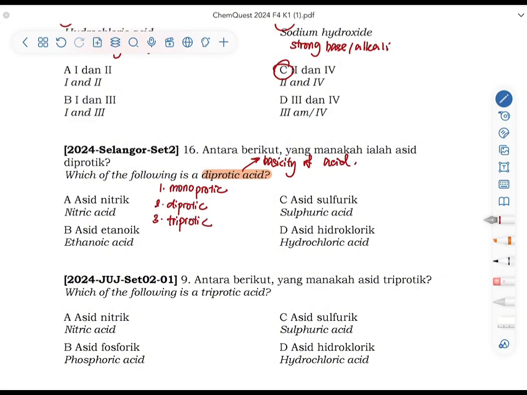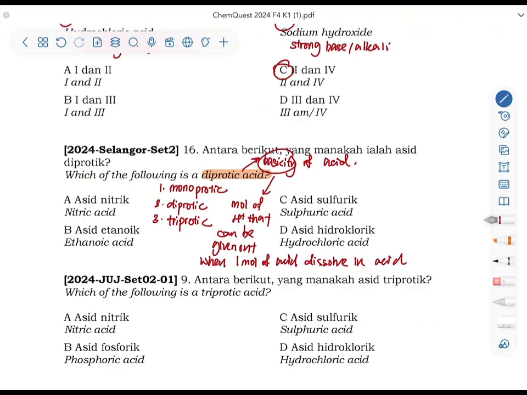Basicity refers to how many moles of hydrogen ions can be given out when 1 mole of the acid dissolves in water. This is the definition.